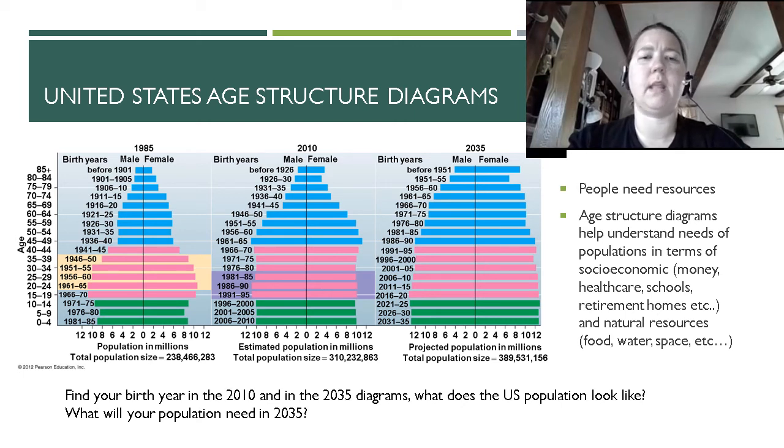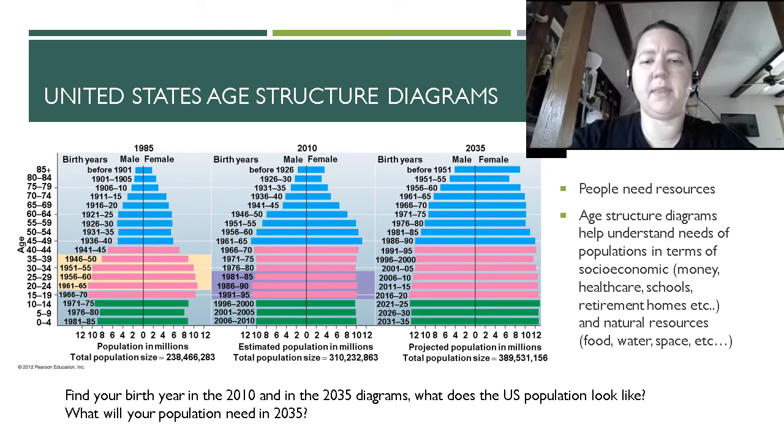Like I said, pause the video. So based on 2010, what's happening? And based on 2035, what are you as a working individual, for the most part, going to need to support? Because that's the big thing, especially when it comes to socio and economic things.